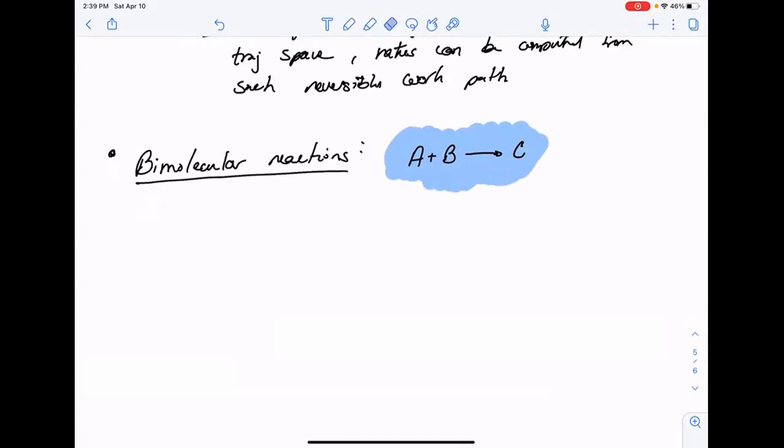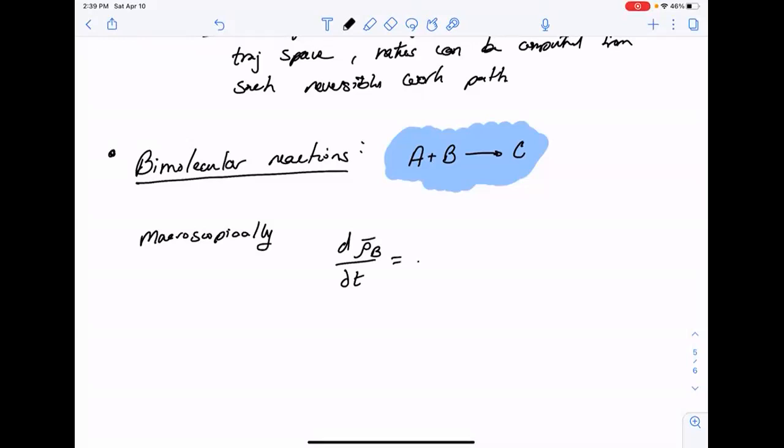So macroscopically, such a process, as long as A or B is not expressed in overwhelmingly high concentration, will follow second order kinetics. I wanted to ask for the rate of change of the concentration of B in time.